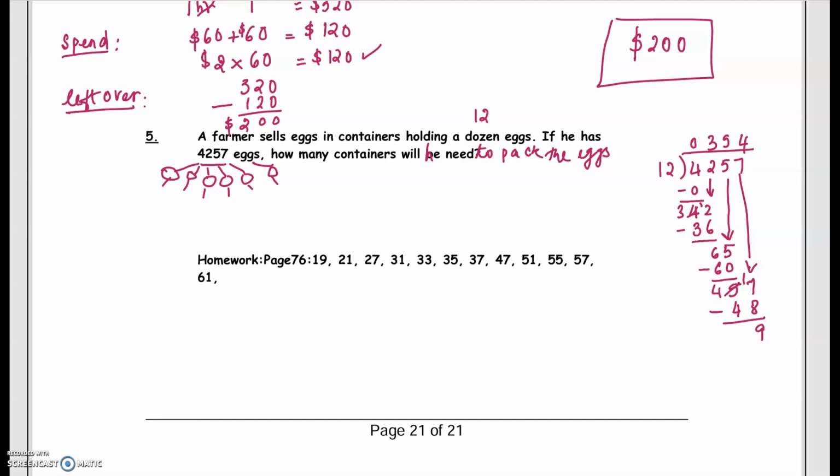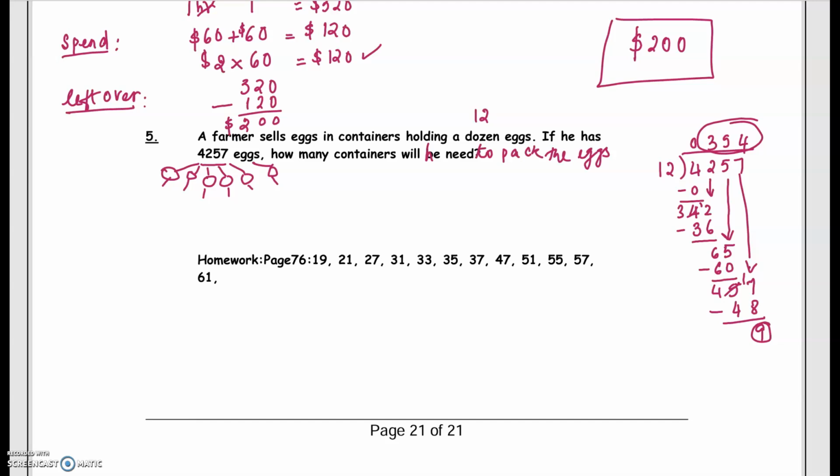So if we divide 4,257 by 12, we get 354 piles that contain 12 eggs each. But then we don't have a full 355th pile because we have only 9 eggs there. So this is called the remainder.